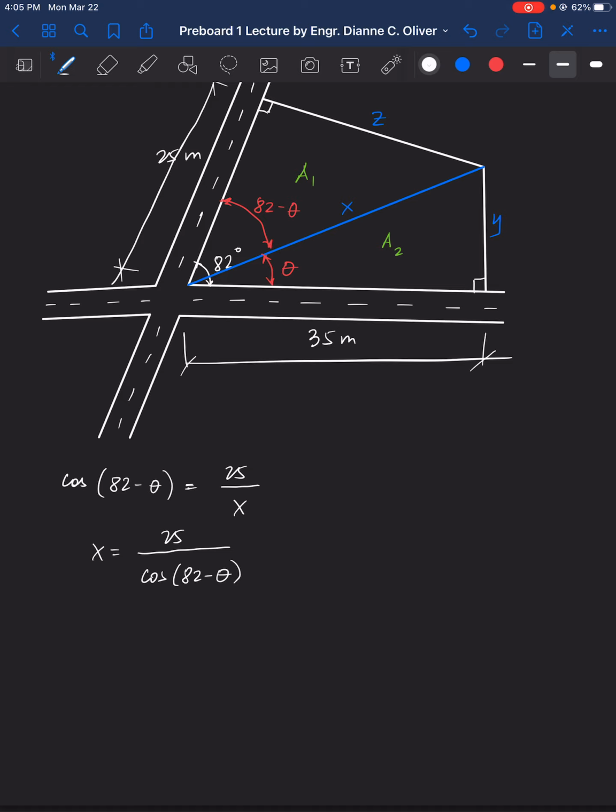Then, for the other triangle at area 2, we also have cosine theta equal to the adjacent 35 divided by the hypotenuse x. So x is now equal to 35 all over cosine theta.